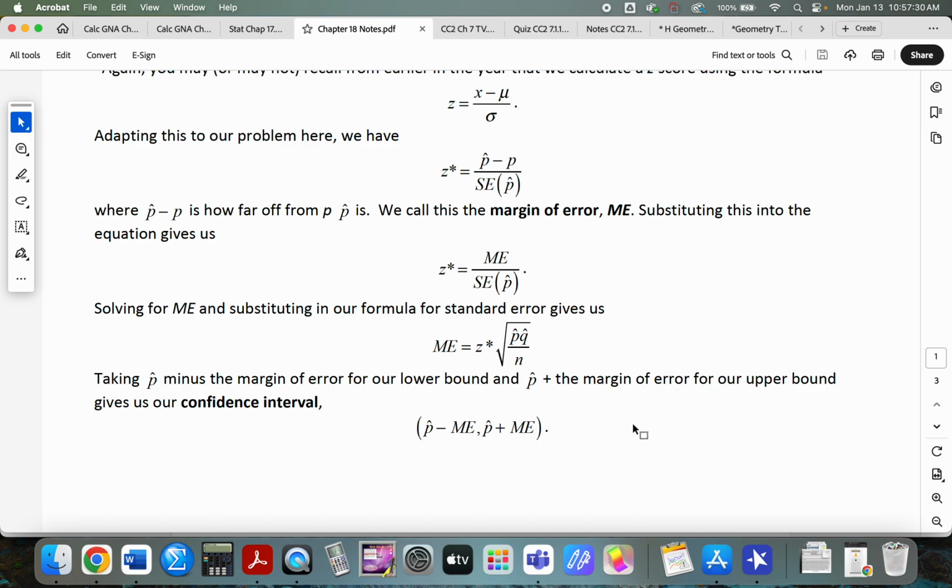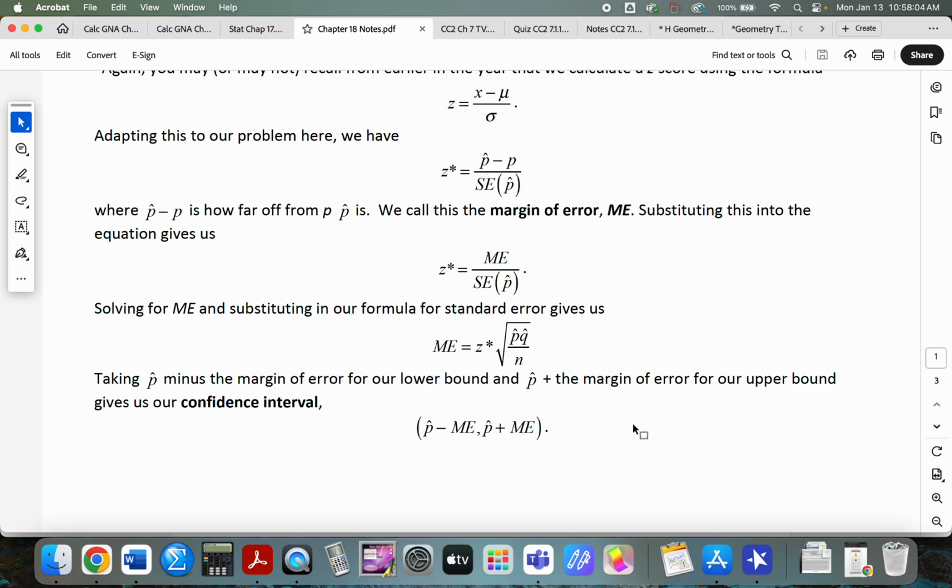If you go back to the first page, where it says confidence interval, it says confidence interval is equal to the statistic plus or minus the critical value times the standard error.